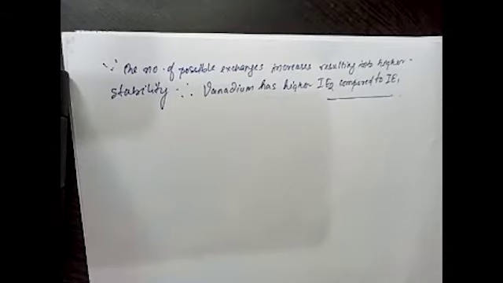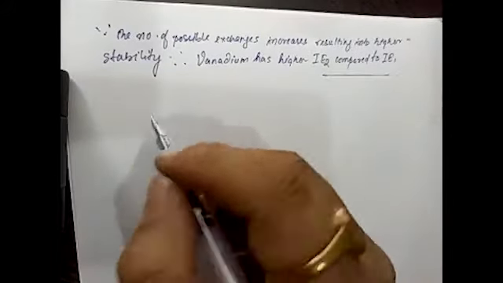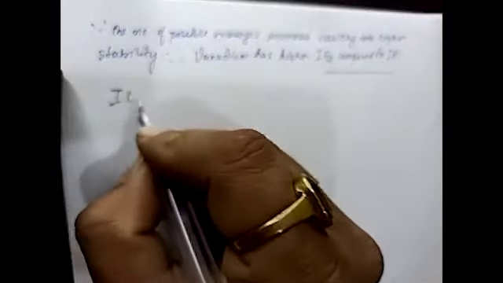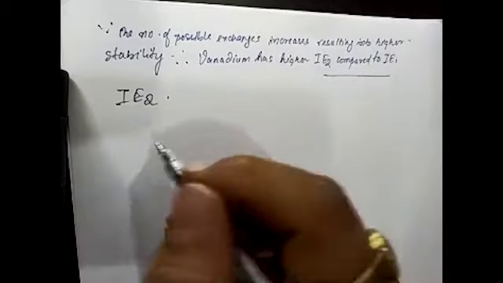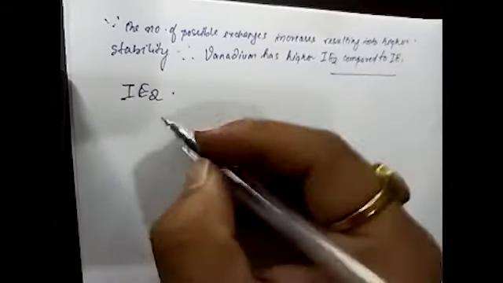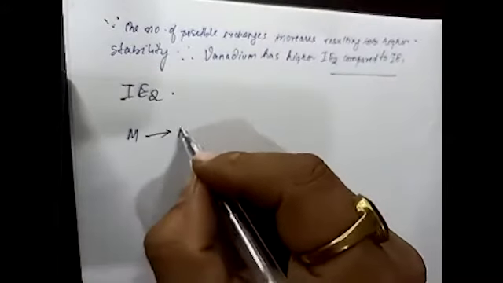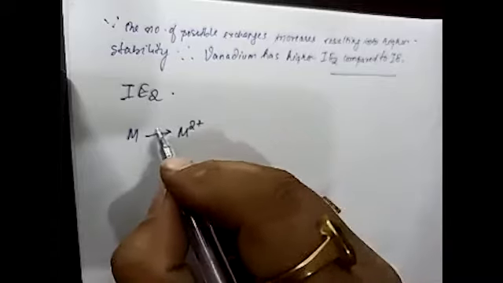That's all. Okay, so let us go for the second ionization enthalpy, IE2. Some elements have very high IE2, some elements have very low IE2. Let us discuss who has what. Suppose you want to make a metal into M2 plus, then you must give some energy to it.